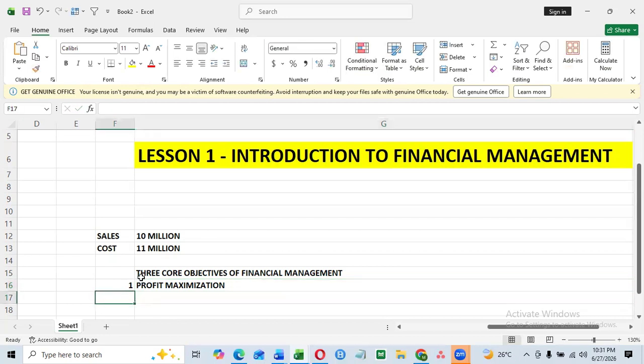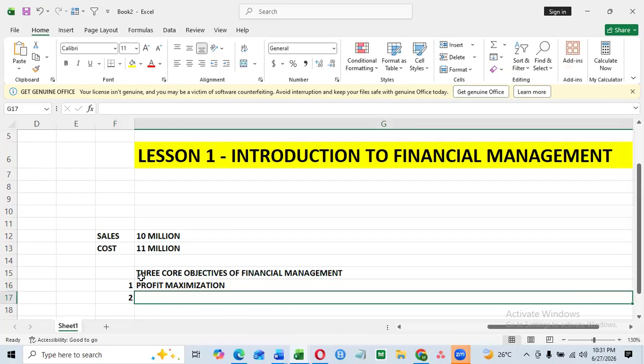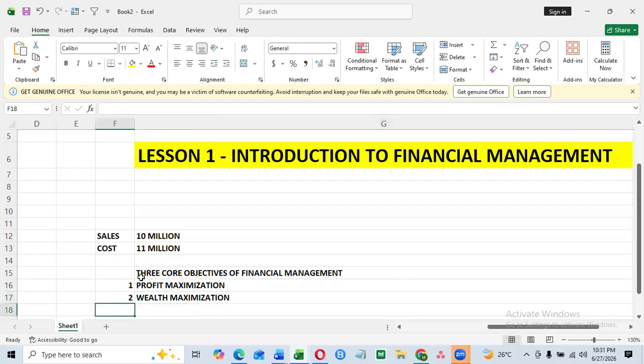The second core objective of financial management is wealth maximization. Wealth maximization is all about increasing the long-term value of the business for shareholders.